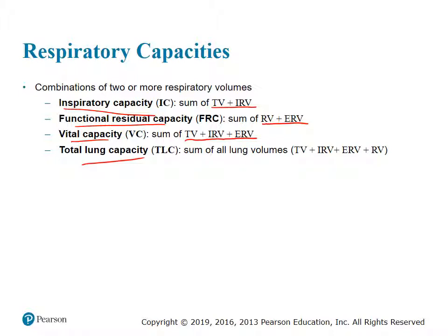The total lung capacity, the sum of all the lung volumes, is TLC, which on average is about 5 liters, plus or minus, of course. Gender, age, overall health, and things like that will increase or decrease that.